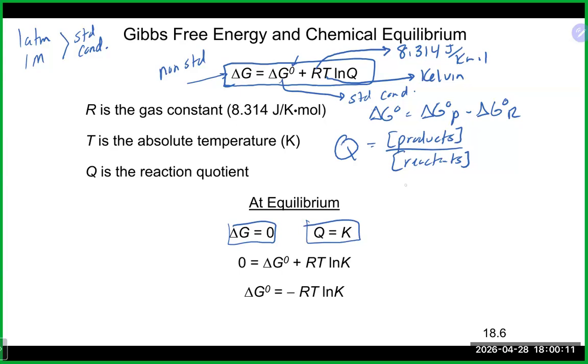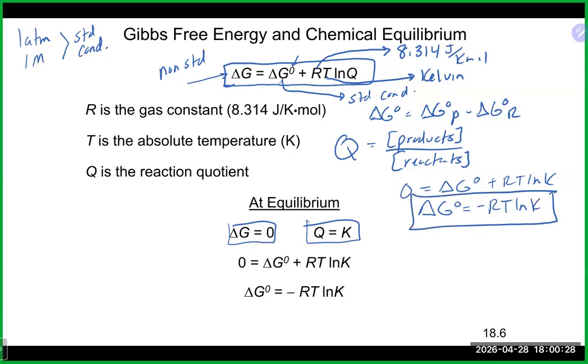And if you substitute that into the top equation, you get, as you see on the bottom there, 0 is equal to delta G plus RT natural log of K. And if you move that RT to the other side, you get the other delta G equation that involves the equilibrium constant, and that is delta G equals negative RT natural log of K.